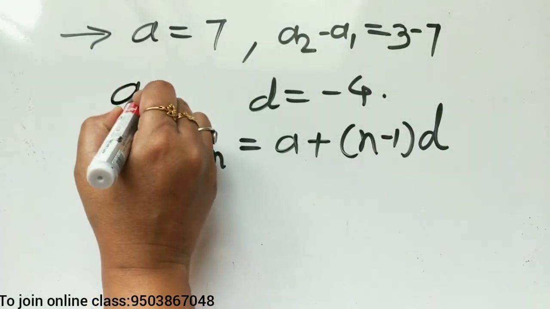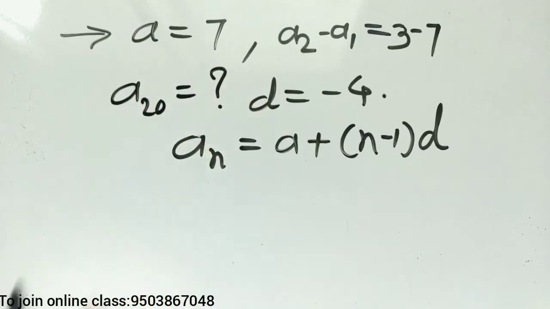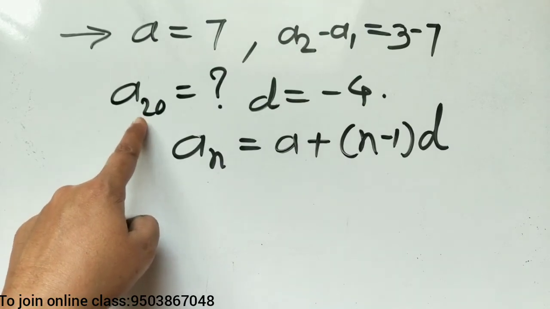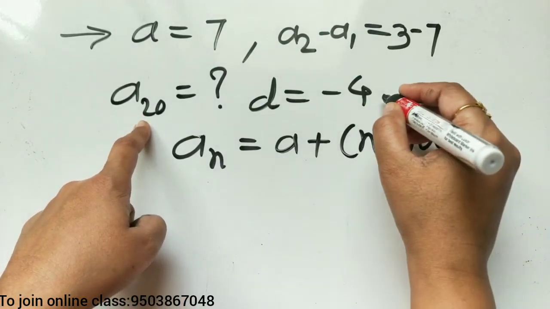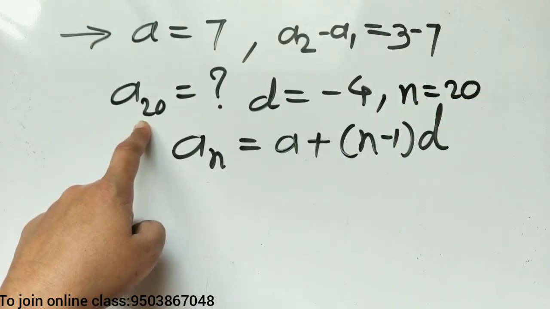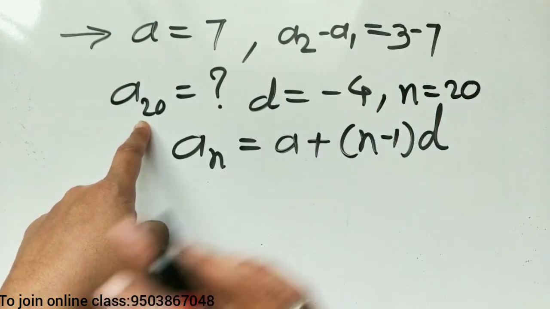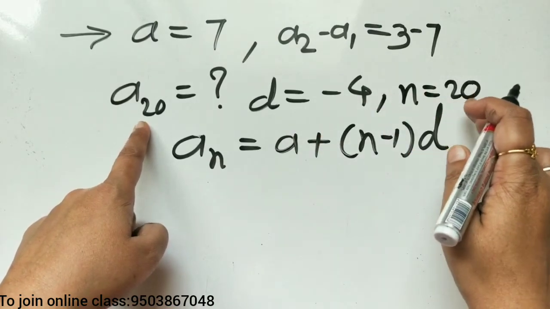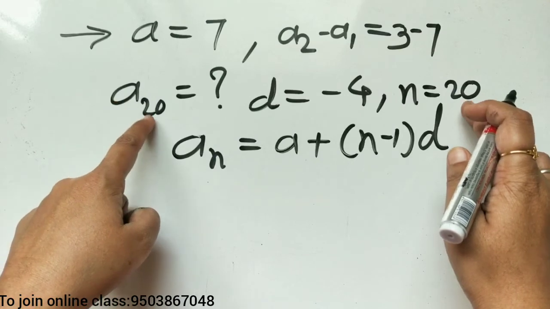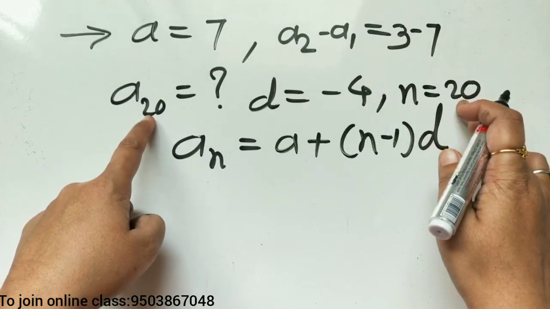So I am going to write here a20 is required, which means we need to find the 20th term. As the 20th term is required, the value of n is 20. n means the number of terms. So here we need to find the 20th term, which means n's value is 20.